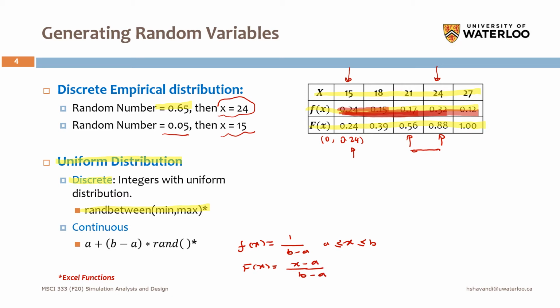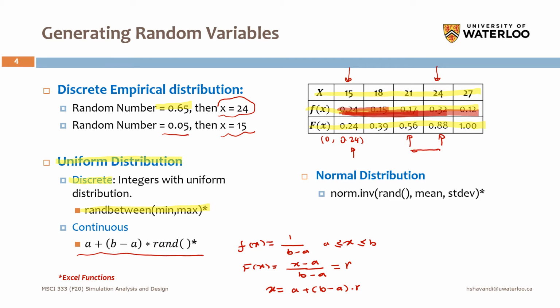If we set this CDF equal to the random number r and then solve this equation for x, x can be obtained. So x here would be a plus (b minus a) times r. So the random variable for the uniform distribution will be a plus (b minus a) times the generated random number r.